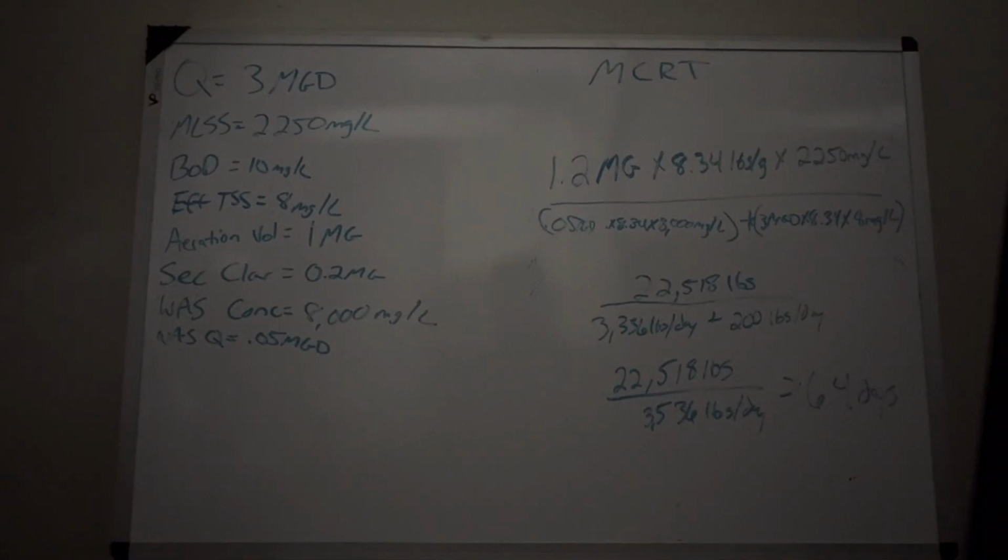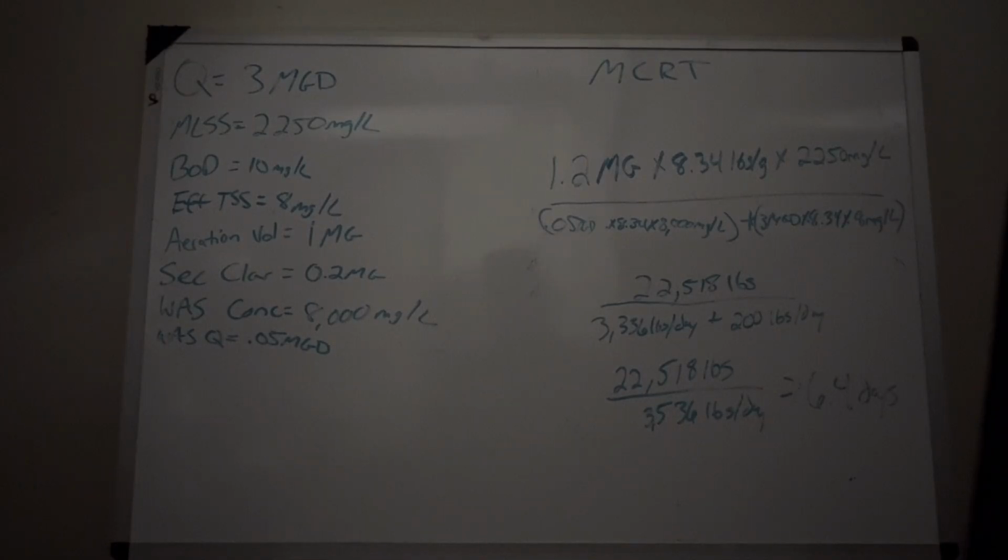So I've got 1.2 million gallons in my secondary system. My aeration volume is 1 million gallons. My secondary clarifier is 200,000 gallons, or 0.2 MG. So that's 1.2 million gallons. Add them together. Remember that MLSS concentration is going to be the same through the whole secondary.